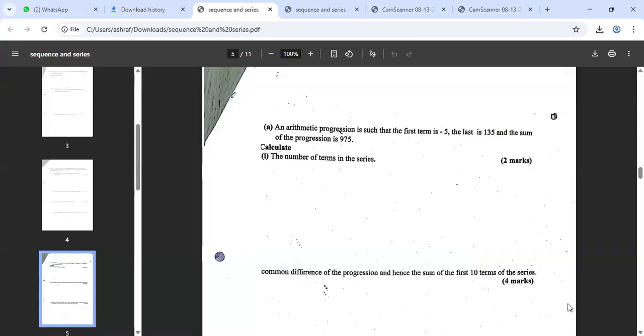Anyone? Yes, Samuel? Samuel, you can unmute yourself. The common difference is 10. And the sum? The sum, I've gotten it as 400. 400. Good.